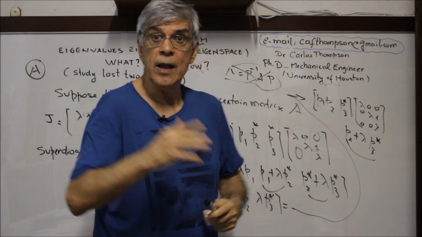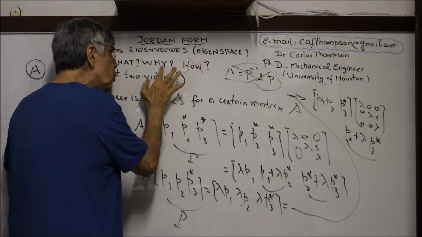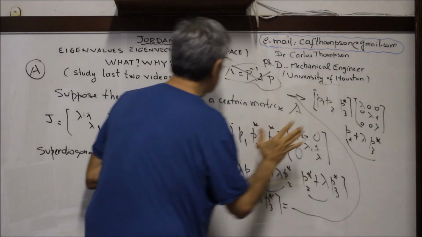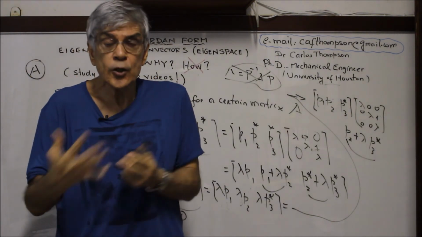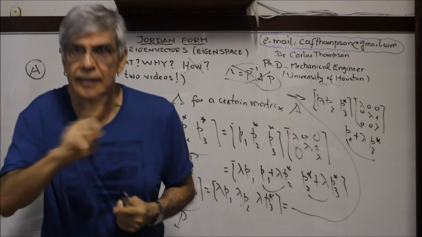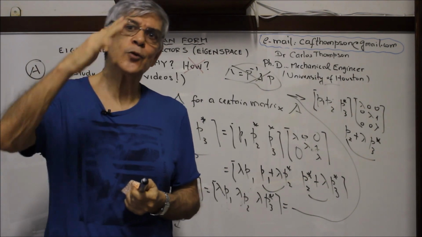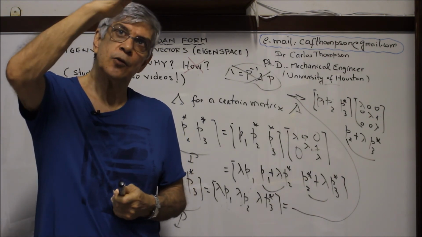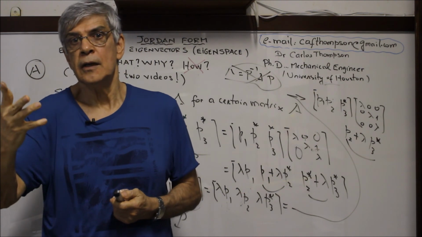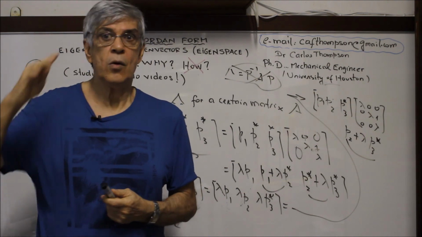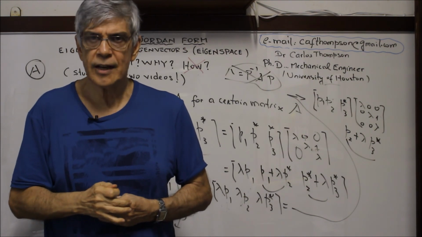I'm doing just the opposite. First, I'm motivating what and why. Why do I need the Jordan? Because in the situation in which I can't obtain the diagonal matrix, Jordan's idea was to fill the super diagonal with all ones, or some ones, some zeros, and so on. Did you understand?